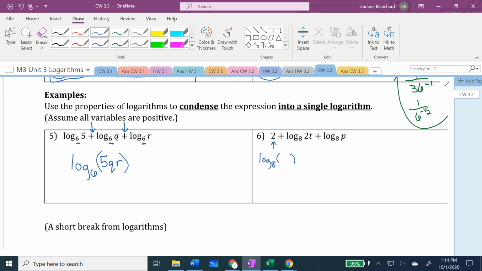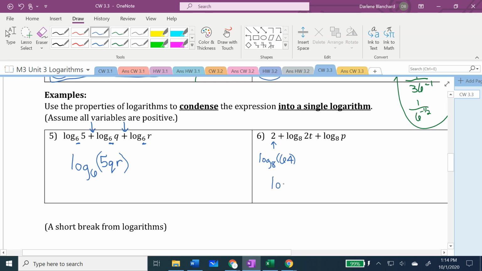Remember that the answer to your logarithm is an exponent. So what it's really asking is, what is 8 squared? And that is 64. Now at this point, I'm ready to condense.